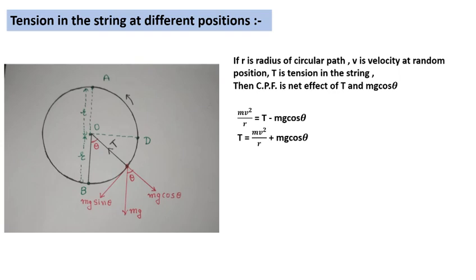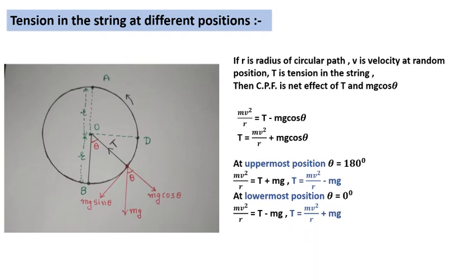This is for any random position, or we can write tension T is equal to mv square upon r plus mg cos theta.